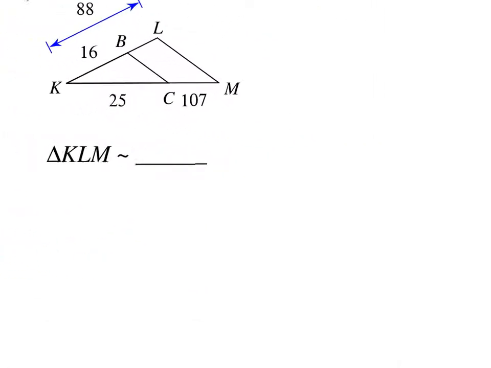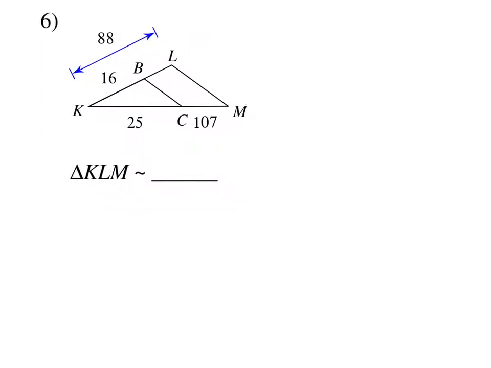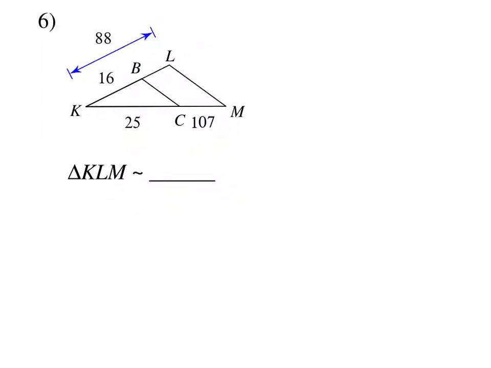This one's a little tricky, so I want to give you a pointer as far as how to think through this one. What I would do on this problem, because I think you can see that there's a small triangle here that is overlapping the bigger triangle, but it's sharing this angle K. So what I would do if I were you is redraw these two diagrams completely and make sure that you relabel it the way that you need to.